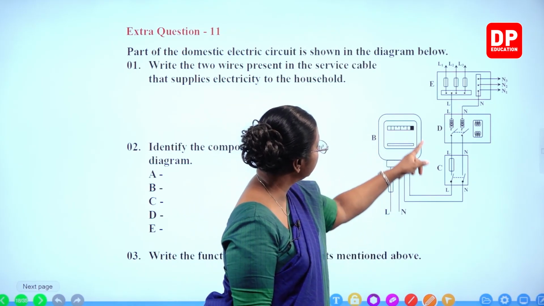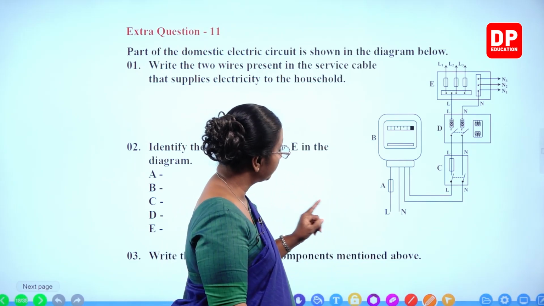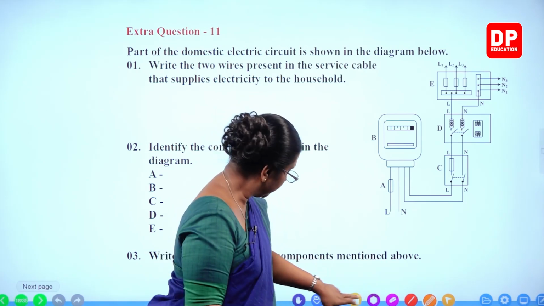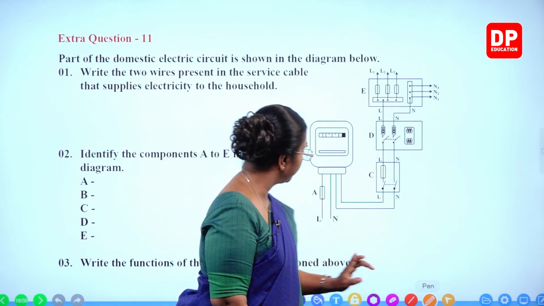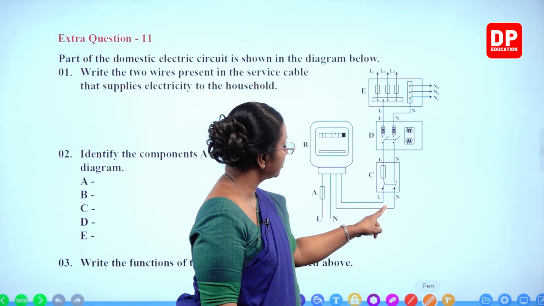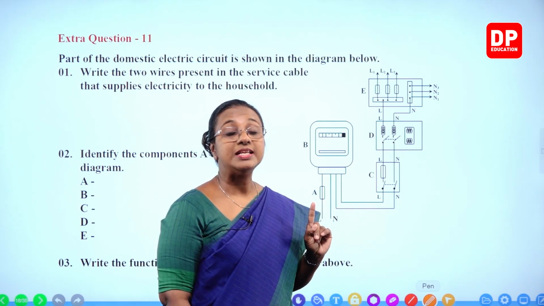And then we have B, you can identify it is the electricity meter. You all know both A and B belong to the service provider. From the electricity meter, you can see live and neutral wires, both connected to component C. What is that?